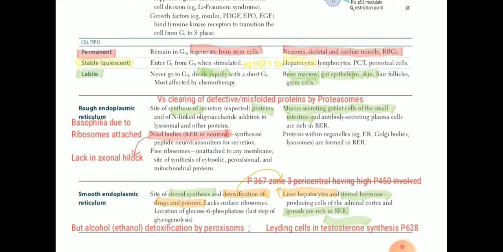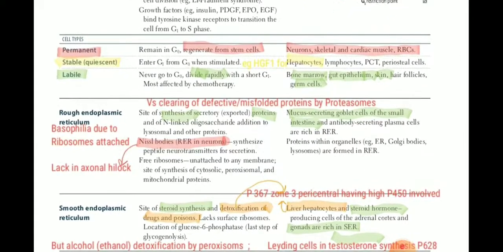Rough endoplasmic reticulum will have ribosomes attached to it, and ribosomes have ribosomal RNA. RNA is acidic, being ribonucleic acid, and it will bind to basic dye just like the nucleus. So the nucleus and rough endoplasmic reticulum are basophilic if you look into the cell. The question asked is basophilia in cytoplasm is due to, and you can say it is due to ribosomes, and if not given, then it is due to rough endoplasmic reticulum.